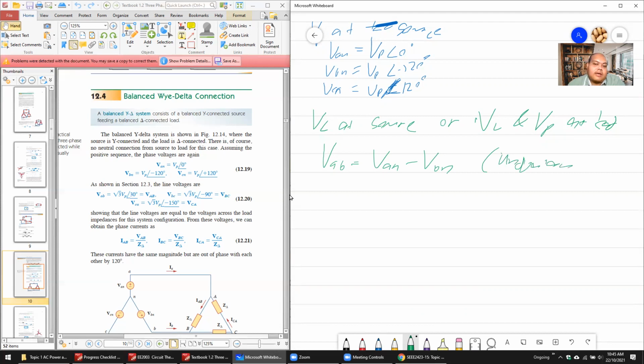Unbalanced also depends. But I suggest you don't need to do this, this one takes longer time to calculate. You just use the general formula for this case only. Try to remember this case. So V line is basically square root of 3 V phase angle 30 degree.